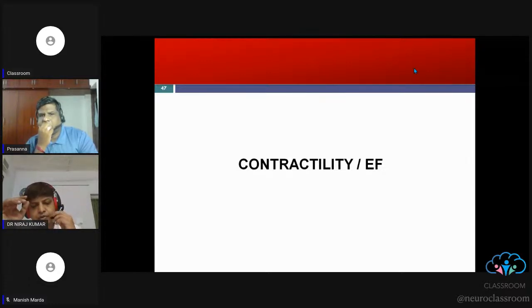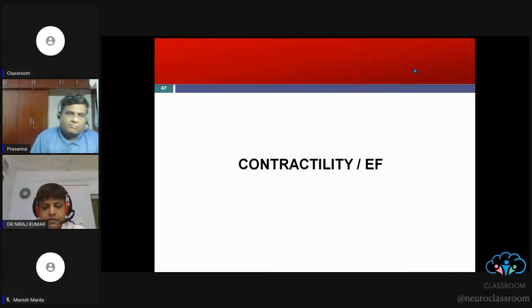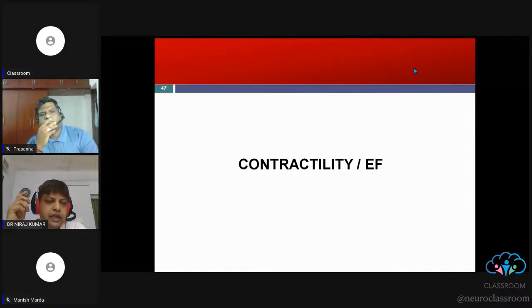One thing I want to just discuss, why this contractility or ejection fraction is important to us. It is important for every clinician to know the status of contractility, that whenever we want to give fluid, we have to assess the condition of the contractility, and how much fluid can be given before the development of fluid overload signs and symptoms.